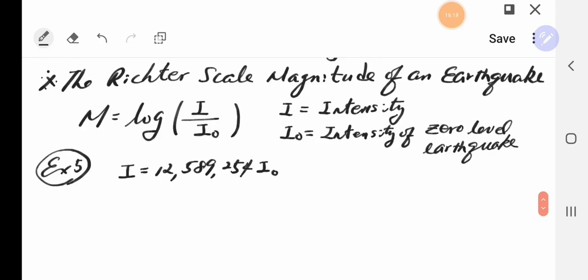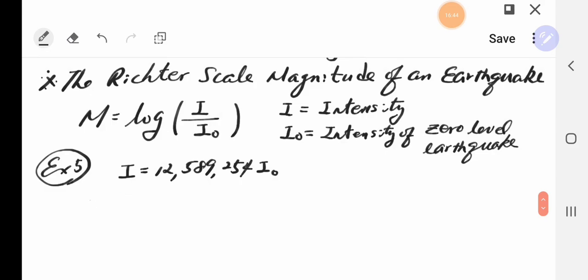I0 is the intensity of a zero level earthquake. So for example 5, the intensity of the earthquake in California back in 1999 looks like this. That is 12 million times the I0, the intensity of a zero level earthquake. So based on this, we can find the magnitude of this earthquake.